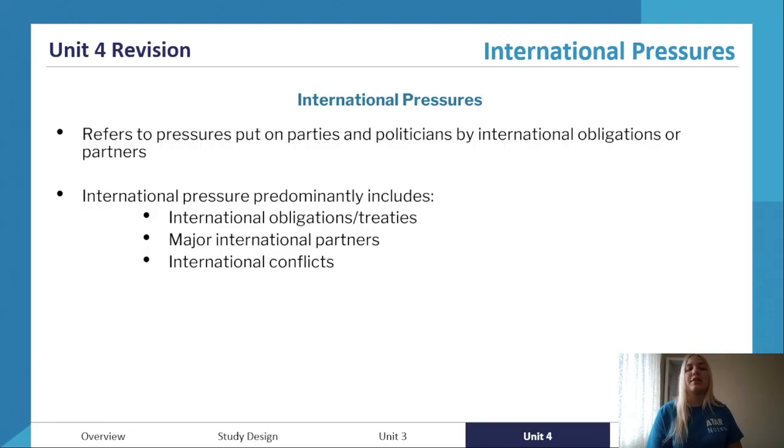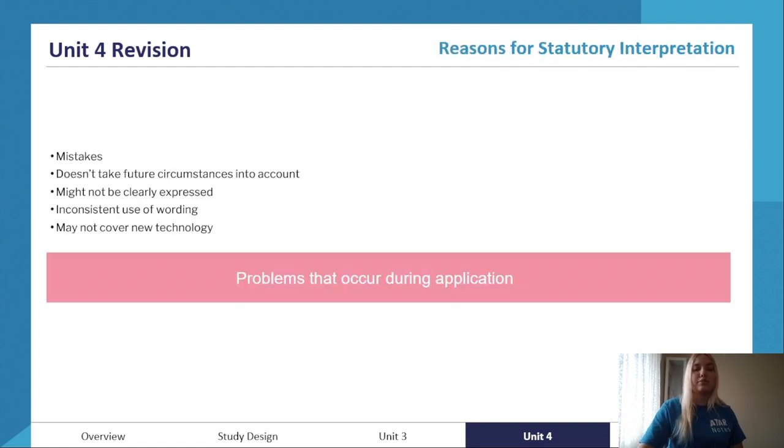Then we also have international pressures. These are essentially the pressure parties and politicians experience due to international obligations or trade partners. So this includes treaties and declarations which Australia is a signatory to and therefore has committed to upholding the values set out within them, Australia's major international partners, and things like international conflicts.